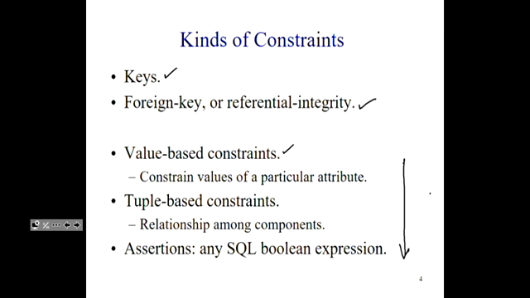The first is a value-based constraint, which is constraining a single value of an attribute. Tuple-based constraints, which is constraining the relationship between components of a tuple. And general assertions, which could constrain values across relations, across tuples. This is fairly general and powerful.